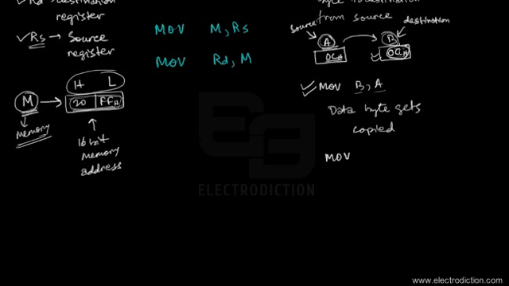Since we are transferring the data byte 0CH from register B, B now serves as the source. Don't confuse it with the previous case.